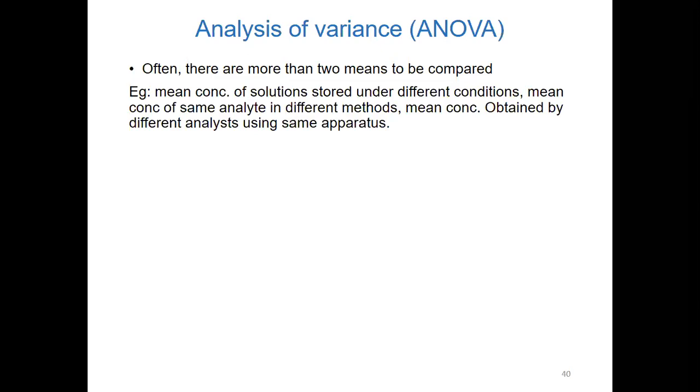Here some examples where we have to compare more than two means have been listed. For example, the mean concentration of solutions stored under different conditions. Suppose we store a single solution, let's say sodium chloride solution, in different conditions. Or suppose a protein solution, which is highly temperature sensitive.